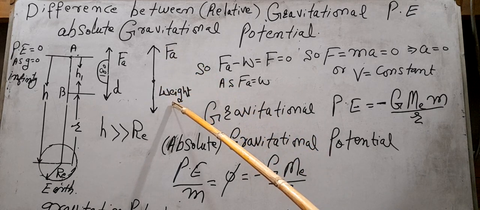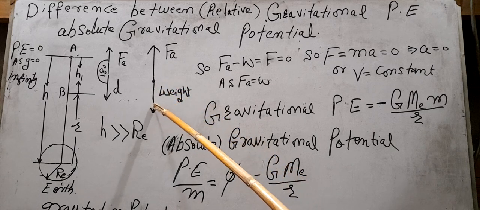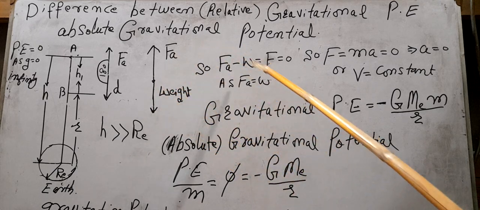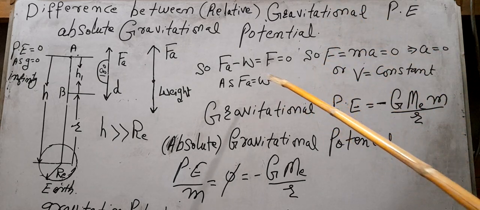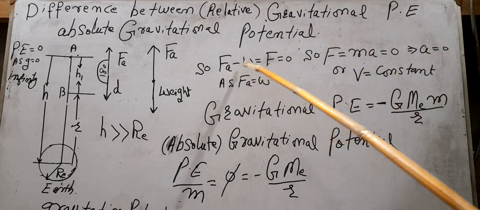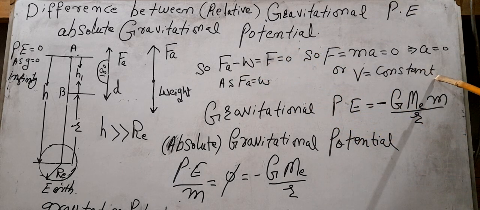Why is it the weight of the body? Because the weight is already acting in the downward direction. To keep the velocity constant, as we have considered in the previous case, this applied force and weight must be equal, so the net force becomes 0 and the acceleration comes out 0.